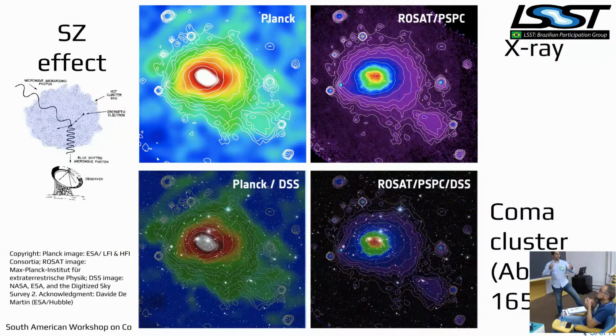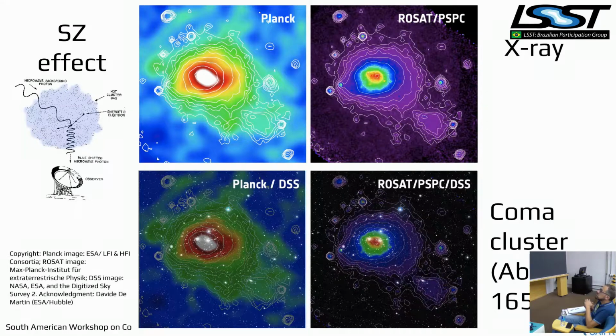Also, this hot gas interacts with the CMB photons, right? Via the inverse Compton effect, and we'll produce the Sunyaev-Zeldovich effect. So you can also observe these galaxy clusters in the submillimeter, and you have several projects to work on that, like the South Pole Telescope, the ACT, right? So you have several ways of finding a cluster.